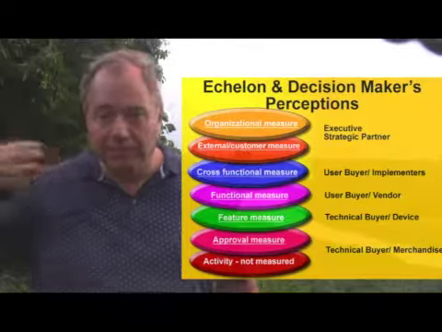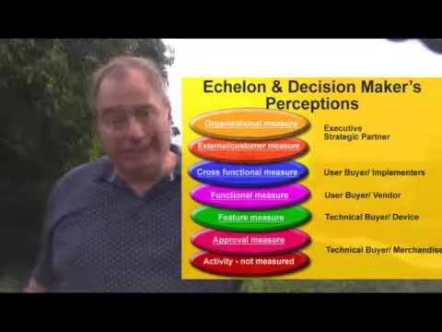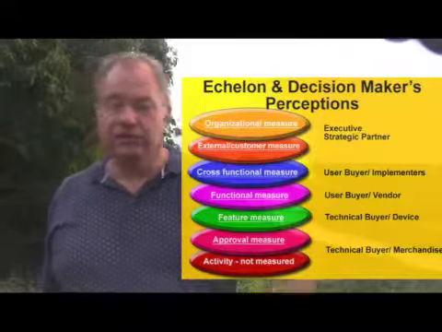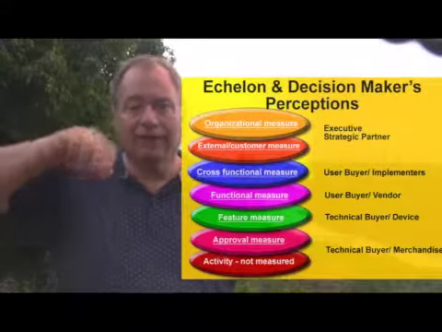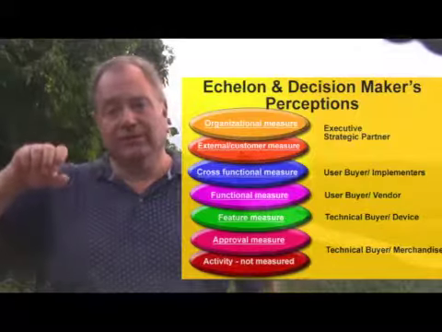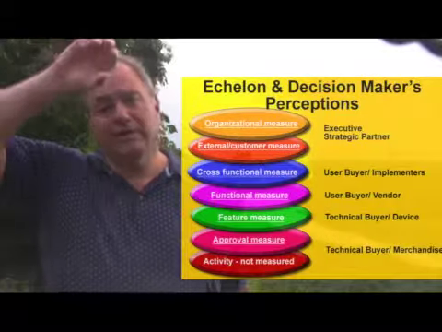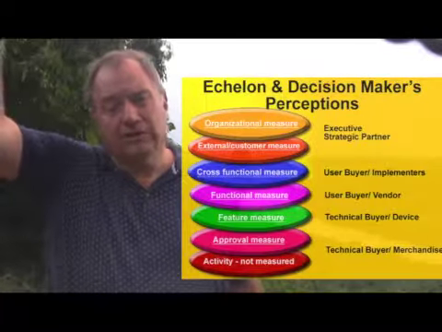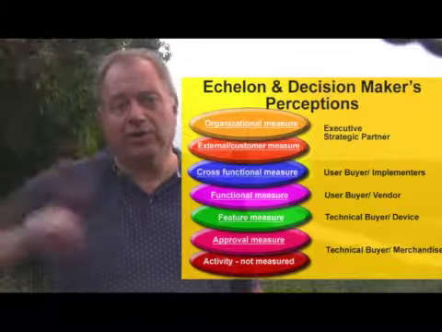And I might come up with things like lower prices, improved customer service, better product quality. I need those organizational achievements to support that external customer achievement of improving market share.